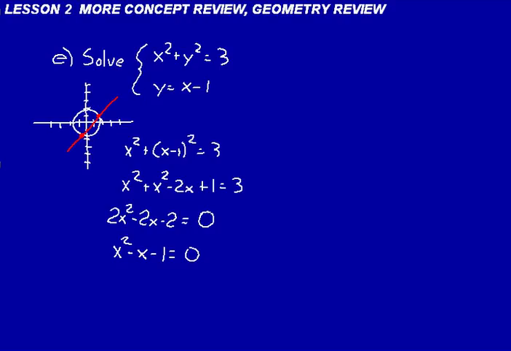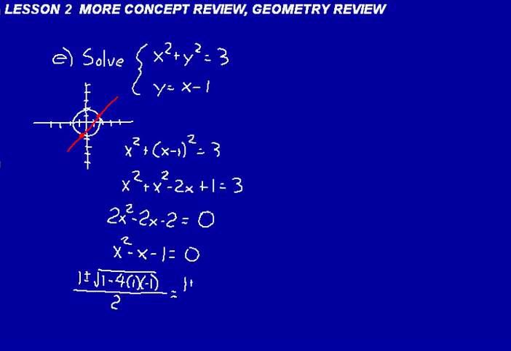And we can use the quadratic formula now. Negative times negative 1, that'd just be a positive 1, plus or minus the square root of b squared, which would be negative 1 squared, a positive 1, minus 4 times a, which is 1, times c, which is negative 1, all over 2 times a, which is 1, so that'd be equal to 2.